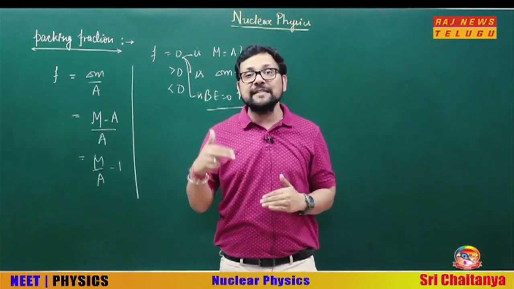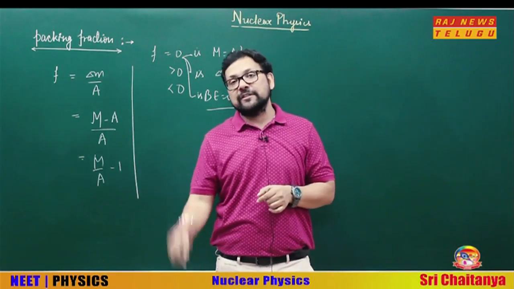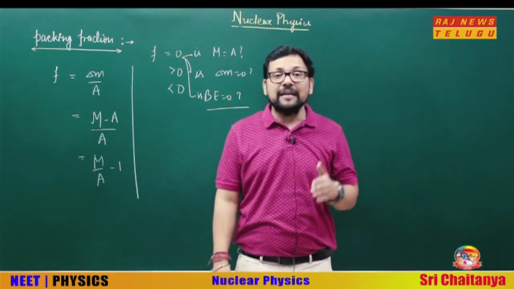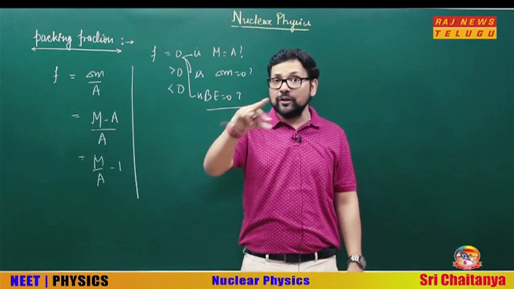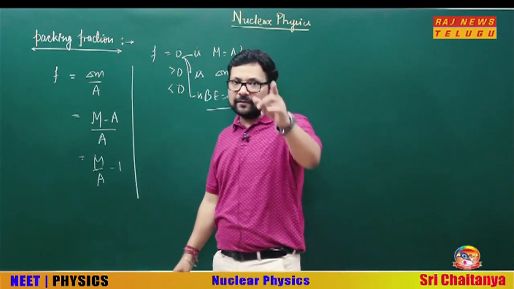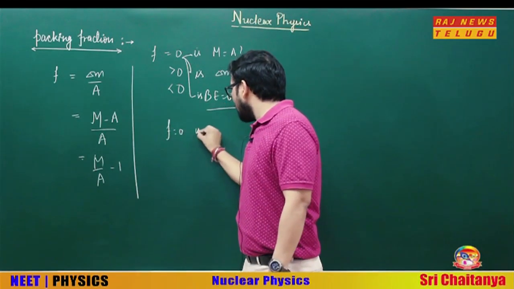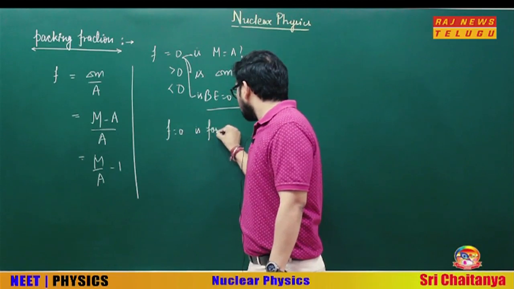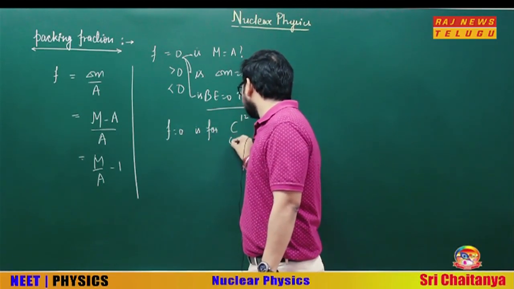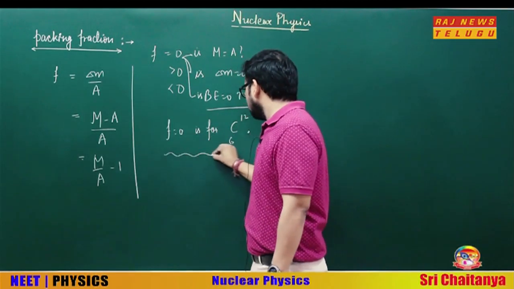Packing fraction positive means greater than that reference. Packing fraction negative is less than that reference. So that does not mean M equal to A. It means, let me tell you, F0 is for carbon 12-6.